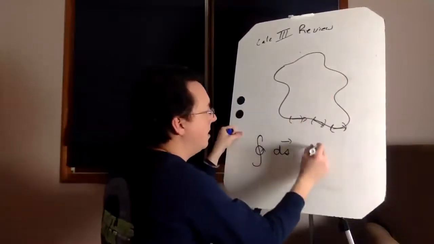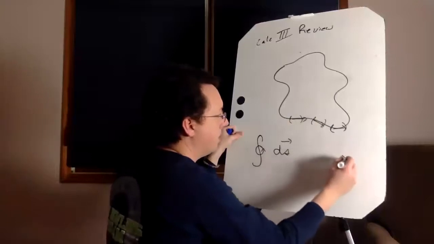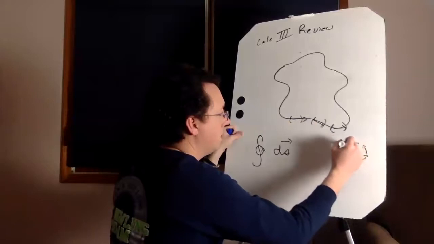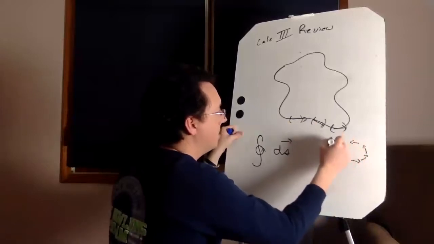Well, that would mean you add up all the vectors going all the way around. You have a little one here, a little one here, a little one here, whatever. You would add them all up.